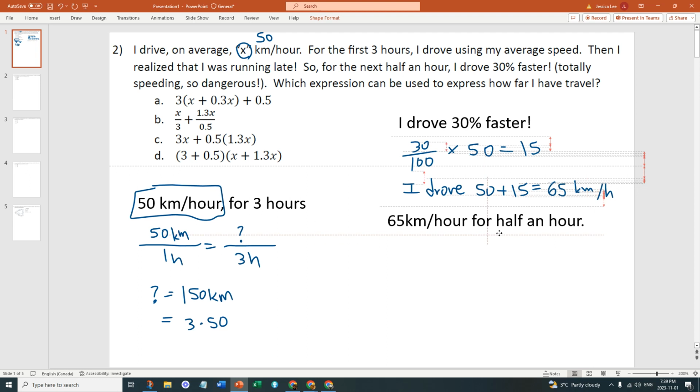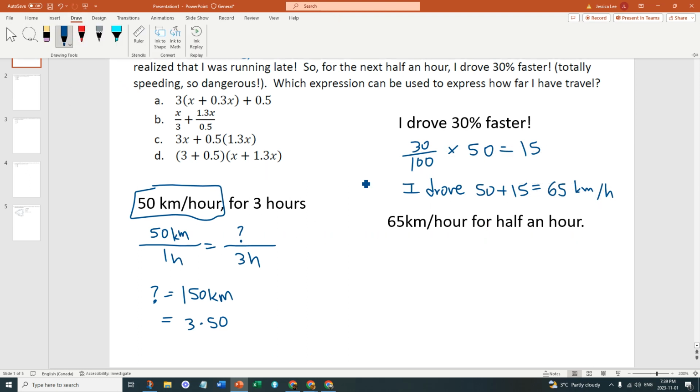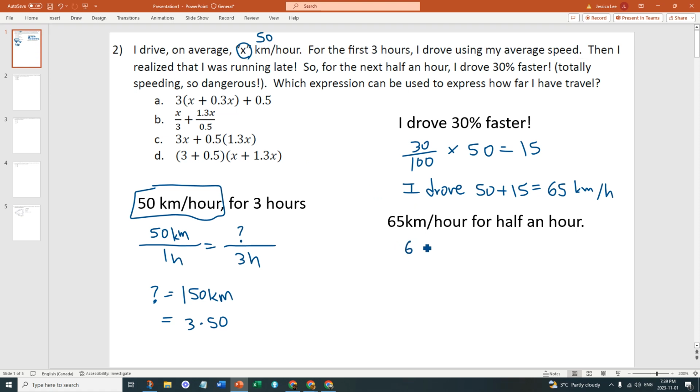So how far have I driven using that speed? 65 kilometers for every 1 hour. I don't know how far I drove, but I drove for half an hour, so that's 0.5 of an hour.